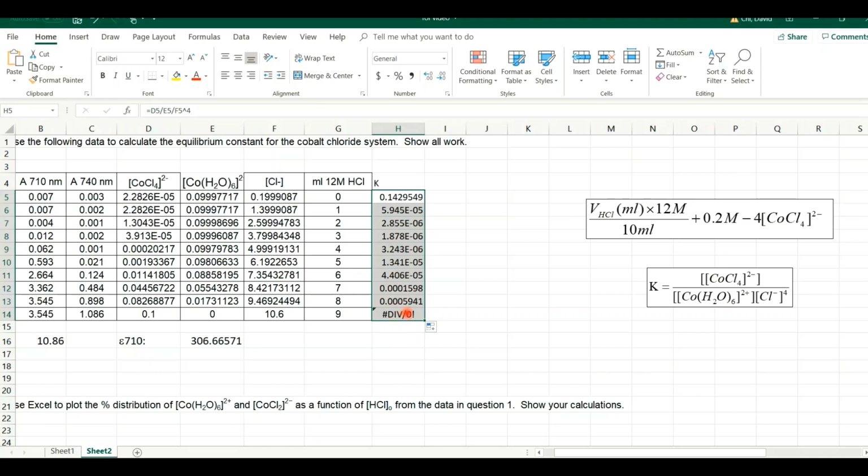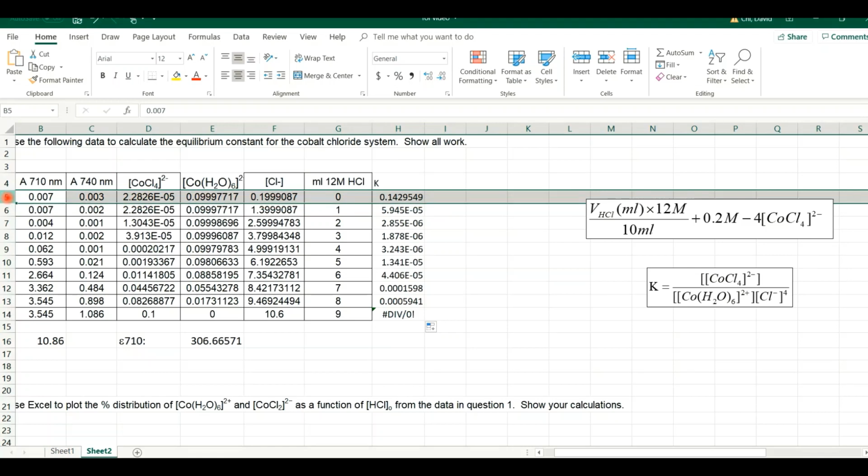Note that for the last tube, the K constant cannot be calculated because we divided by 0. This is because in number 10 the cobalt exists exclusively as cobalt tetrachloride. There's almost 0 cobalt hexahydrate. Whenever you calculate a K constant, if one concentration is too small, the calculation is not reliable. For the same reason, we shouldn't include test tube number one.